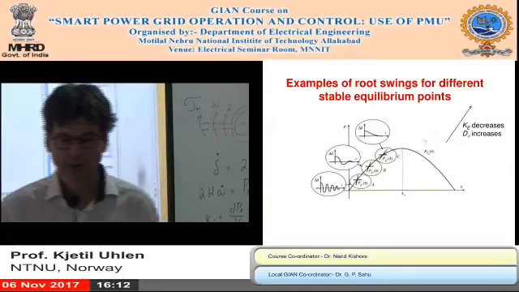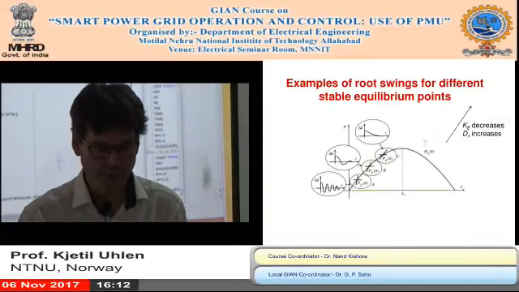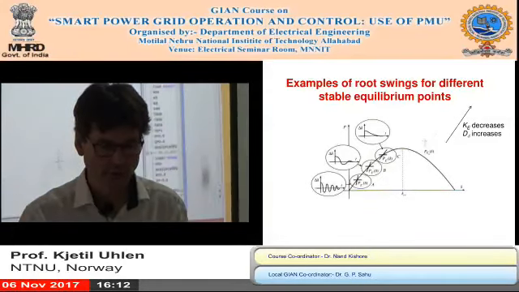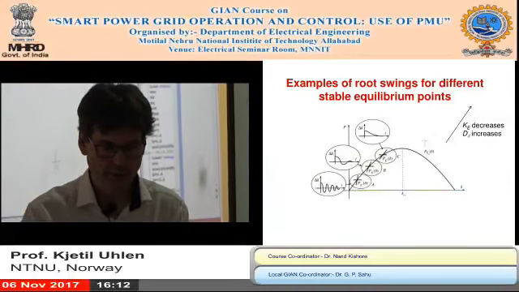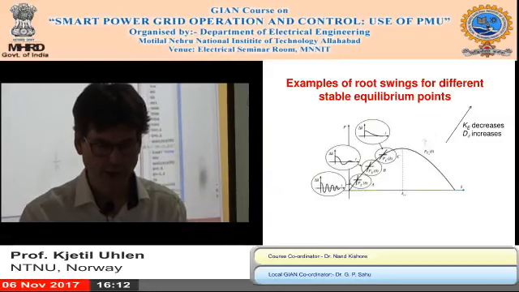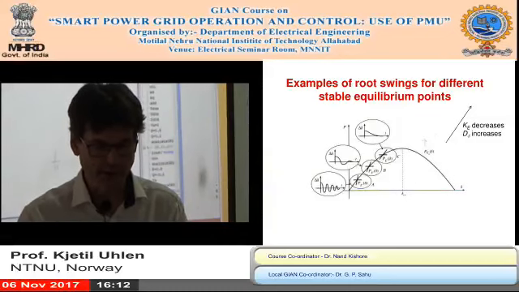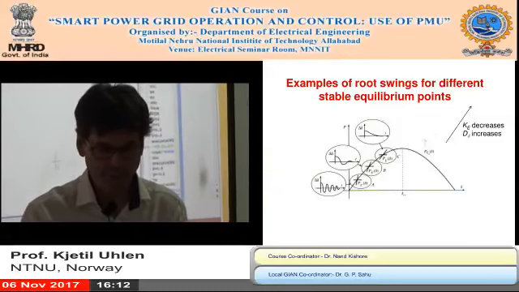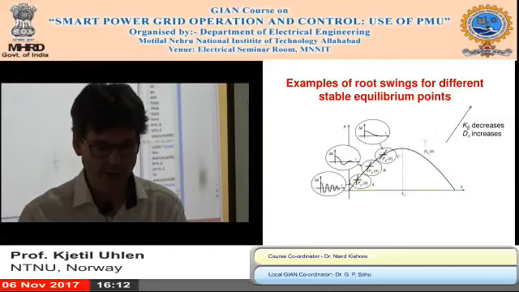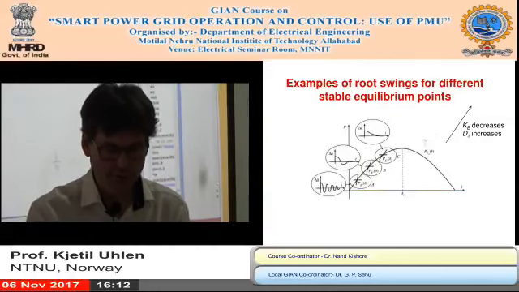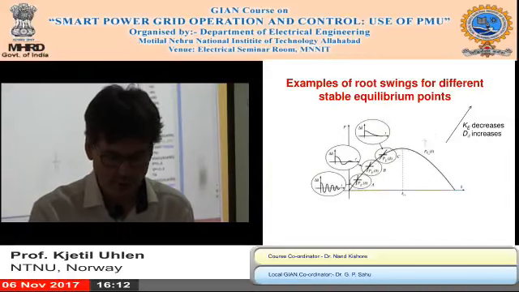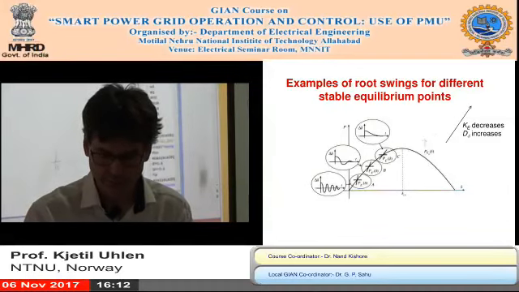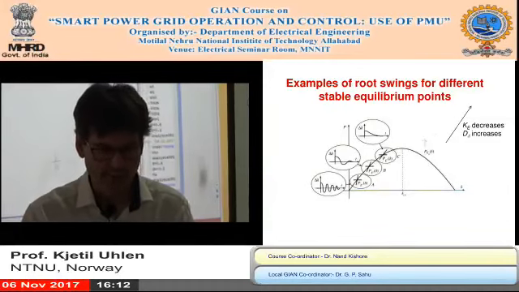And then if I run this script, what I did now is I just said that power is 0.8 per unit, 80%. Q, let's say, start with 0.2.